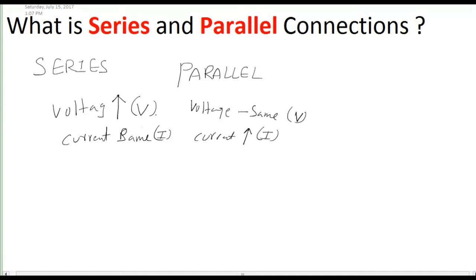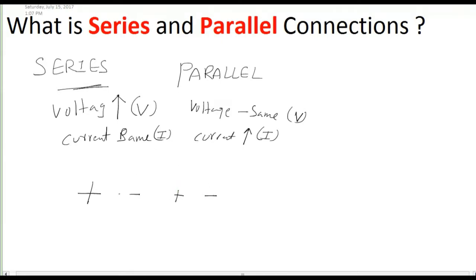When we discuss series and parallel connections in batteries, one tends to get confused. So let us take some examples. In a series connection, say we have a positive terminal, a negative terminal, and another positive and negative terminal.